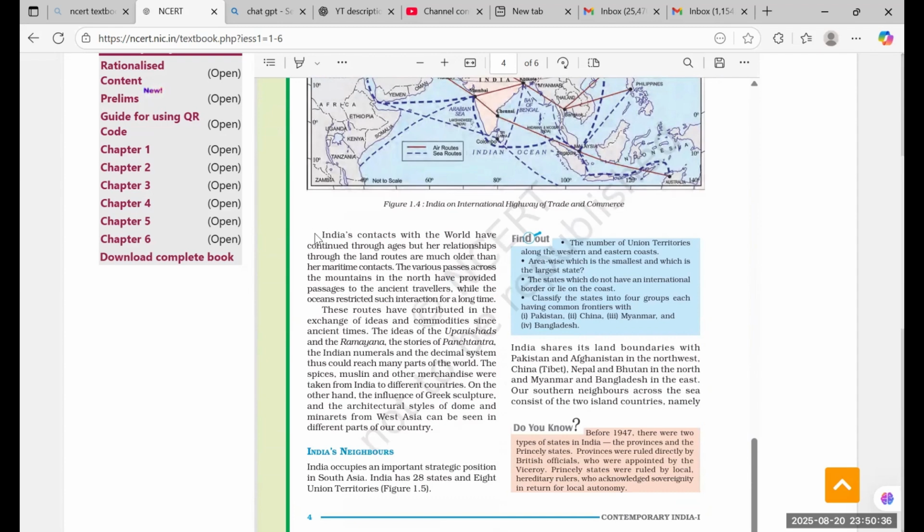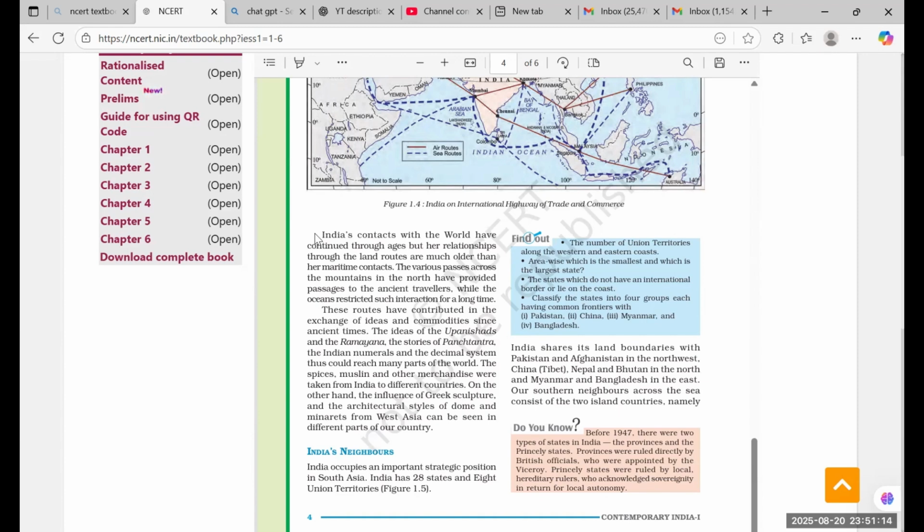When we are talking about the land routes, which have always been older than the ocean routes, we understand that the mountains and the passes have always been an area through which Indians have been connected with the rest of the world, or people from the rest of the world have been visiting India, hearing about its glorious past.